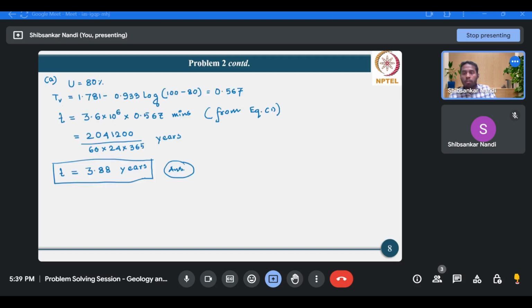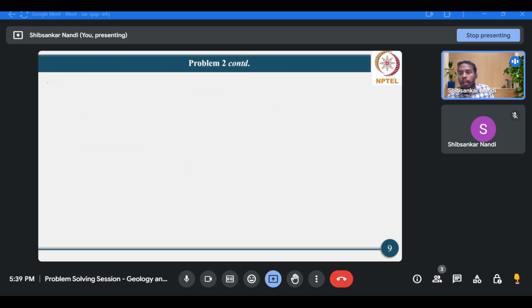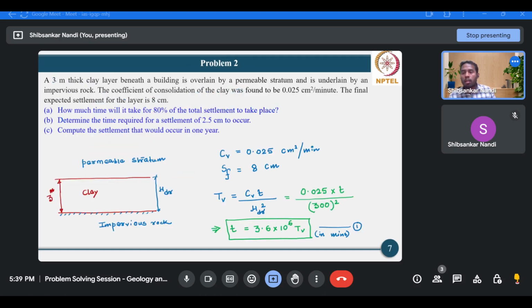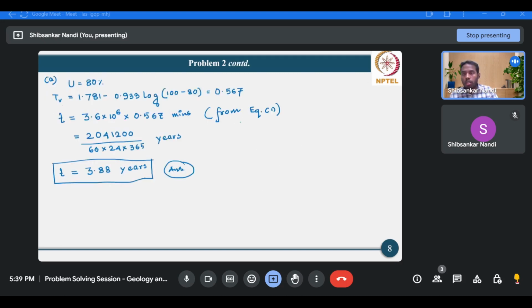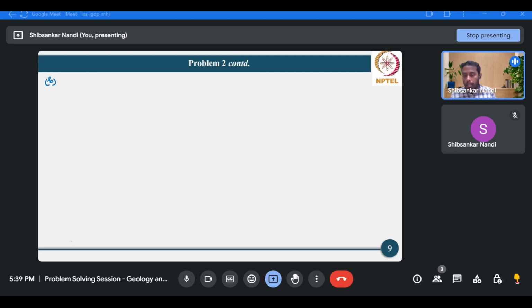Now we'll take the next question of this problem, that is, determine the time required for a settlement of 2.5 centimeter to occur. So in this question, the degree or percentage of consolidation is not directly mentioned. Rather, the value of settlement is mentioned.